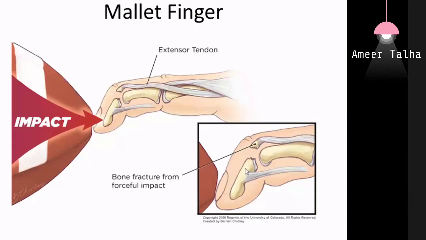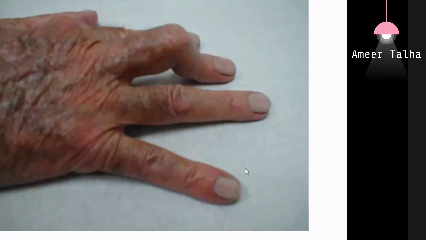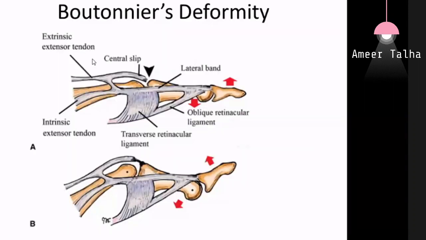That can lead to the breakage of the tendon. And this is the clinical condition, an X-ray showing the mallet finger.